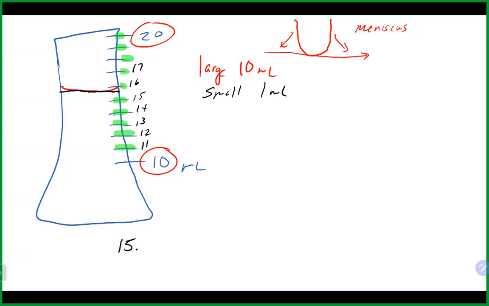Once again here, we are not exactly at 15, not exactly at 16. So some degree of estimate has to happen here. Maybe I think it's closer to 16 than 15 in this case. So maybe I record like a 7. This would be my certain numbers. This would be my first uncertain number.